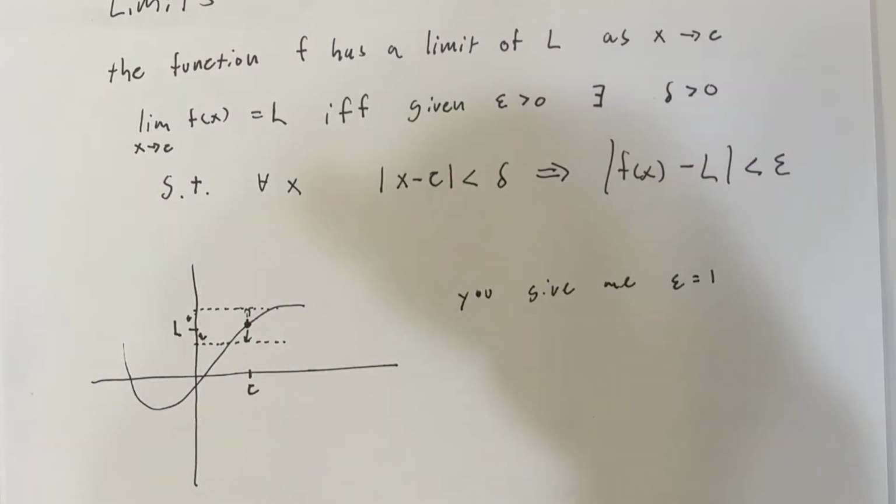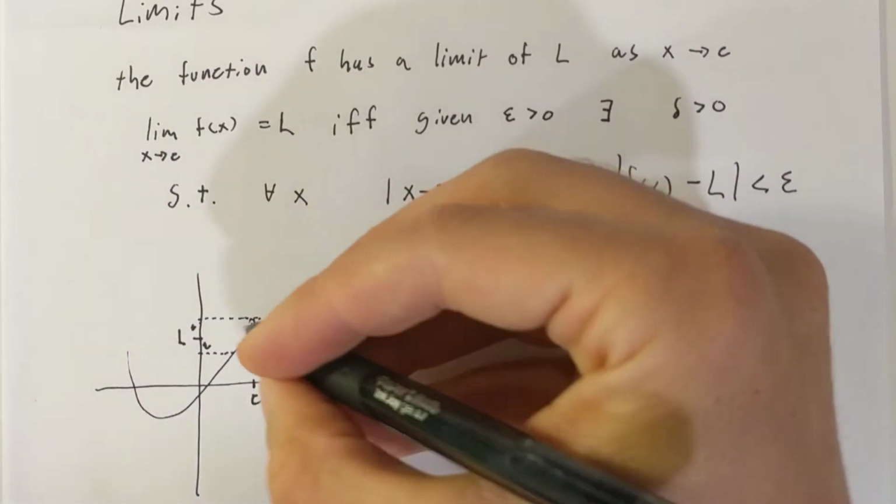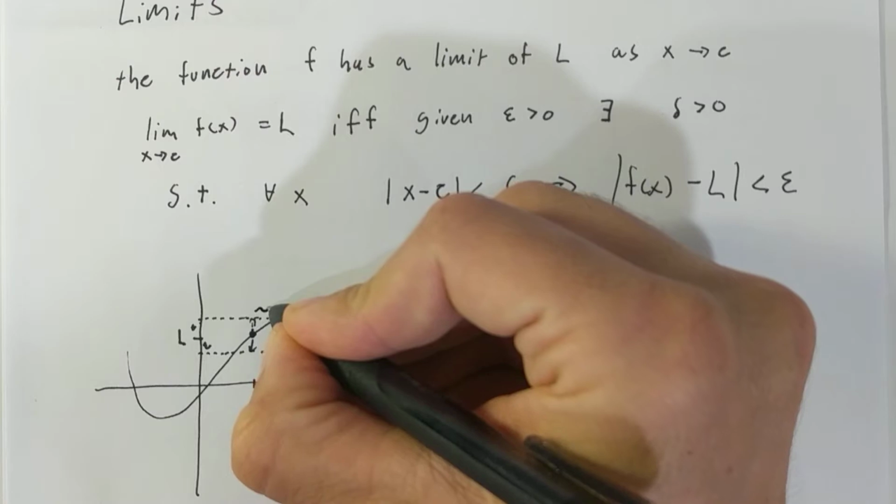You want my function to be inside that range. And I say, okay, if you want the function to be inside that range, I have to be able to come up with a delta that guarantees it. So I can say the delta can be right here.